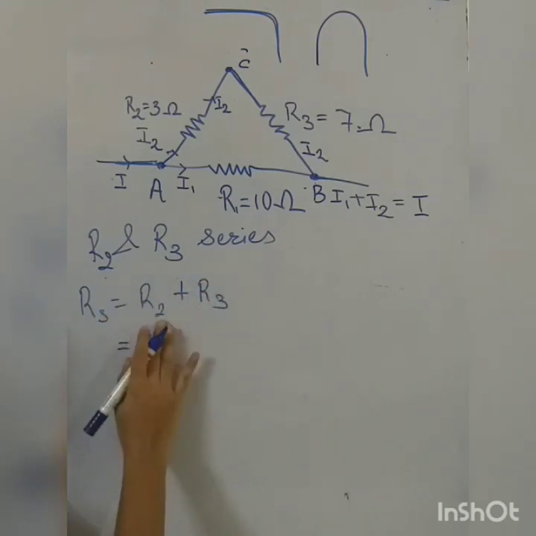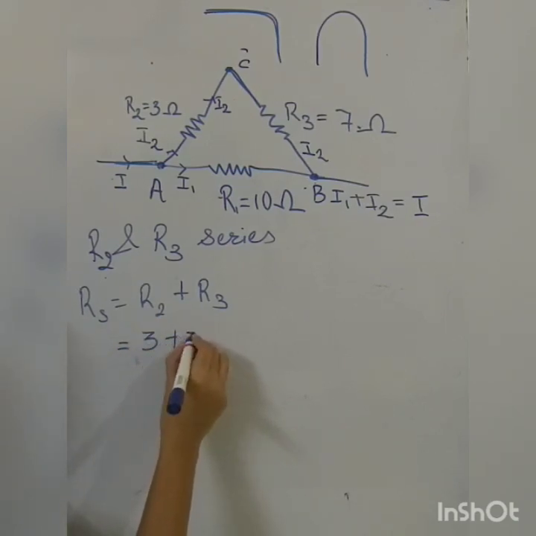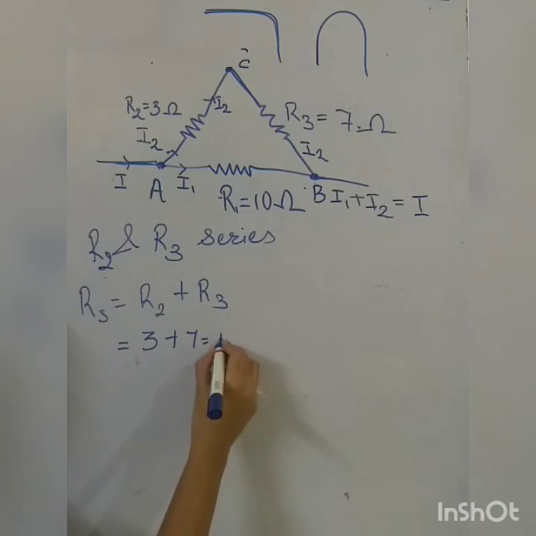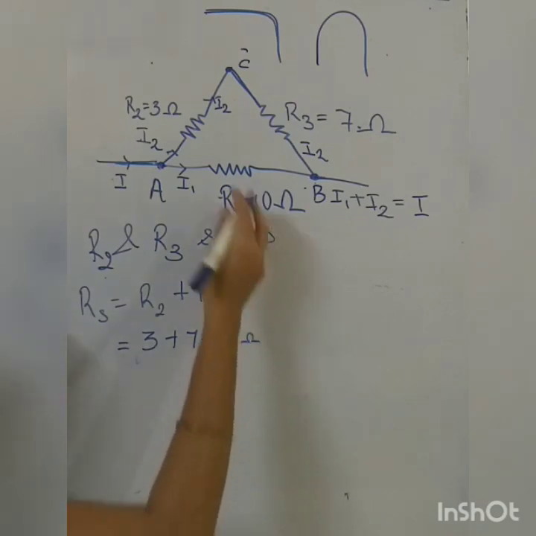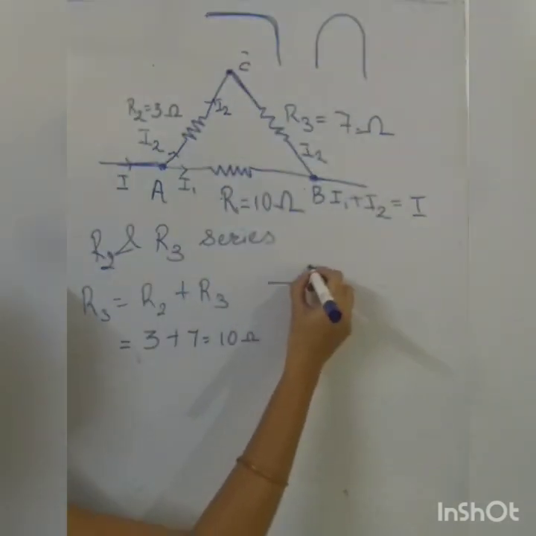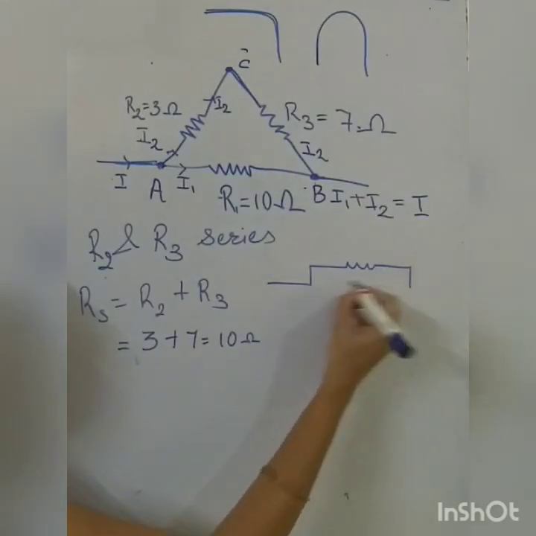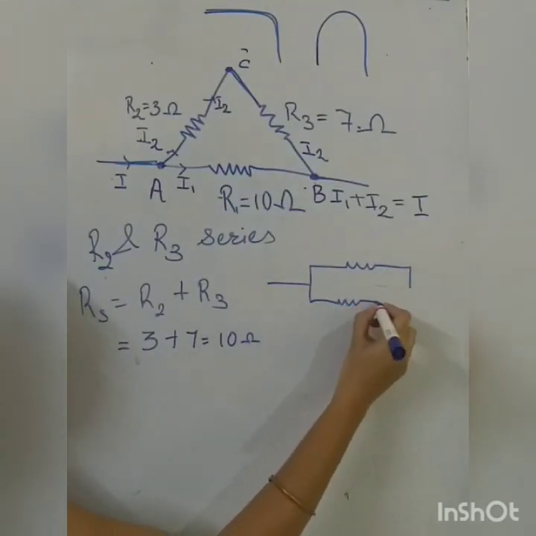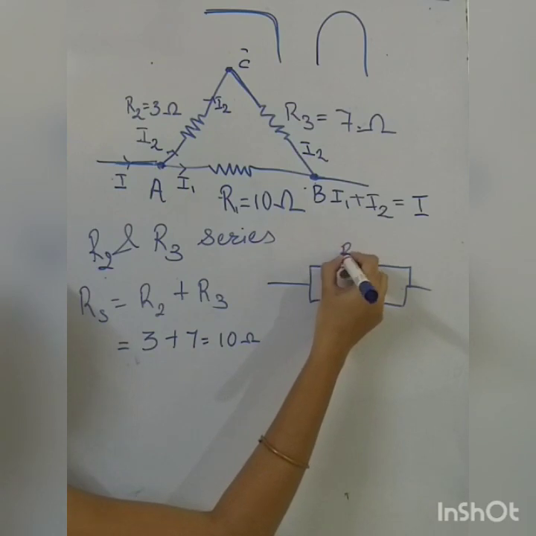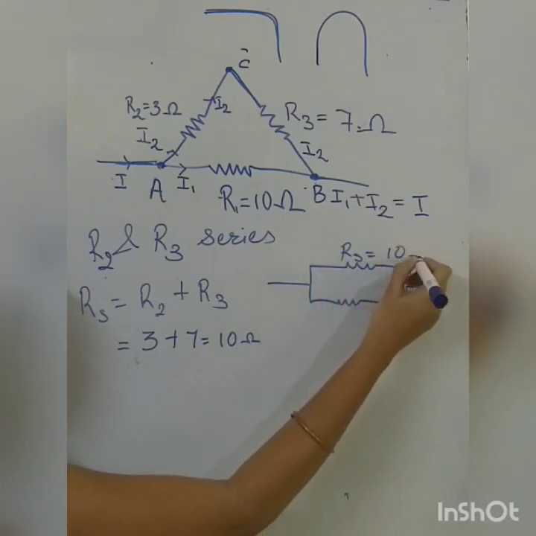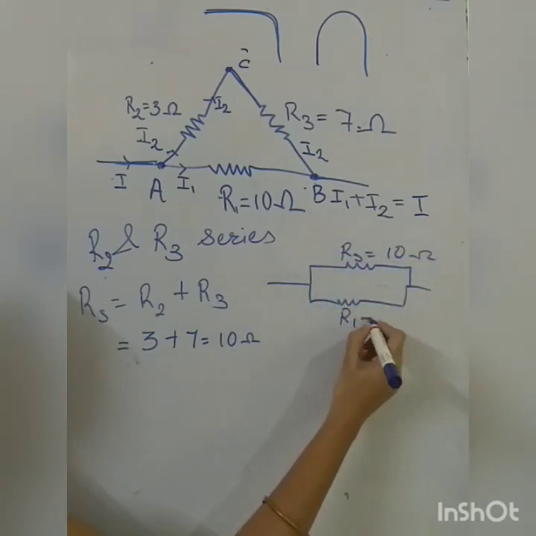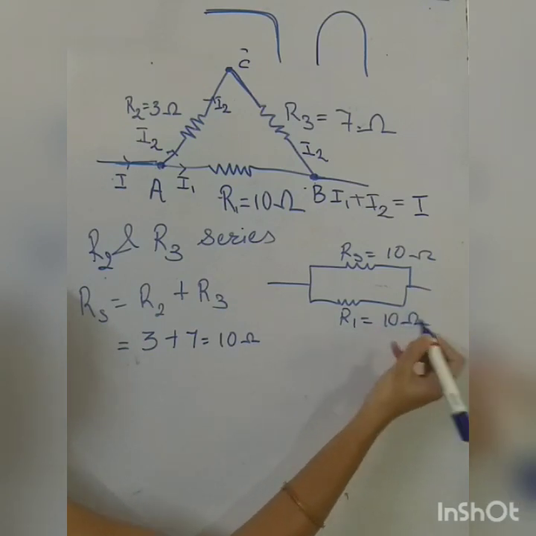Value of R2 is 3 ohms. 3 plus 7 equals 10 ohms. So here you got the value for your RS. Your RS is 10 ohms. The value for R1 is also 10 ohms.